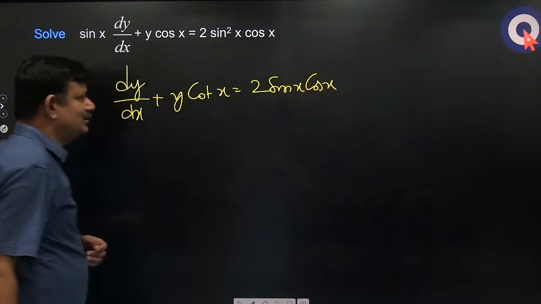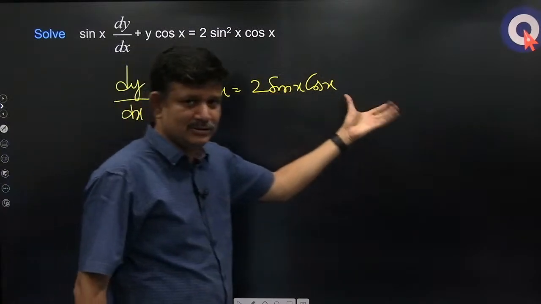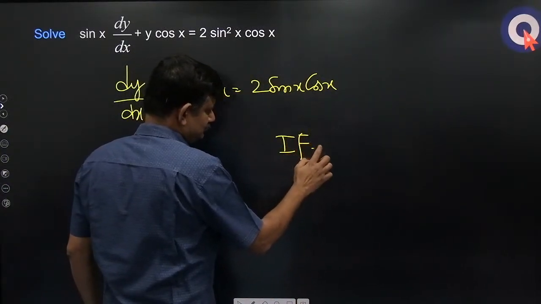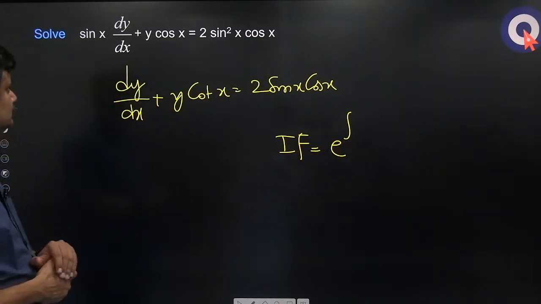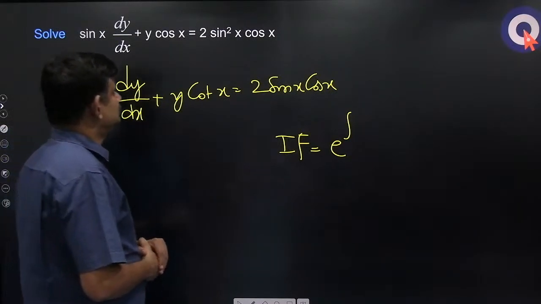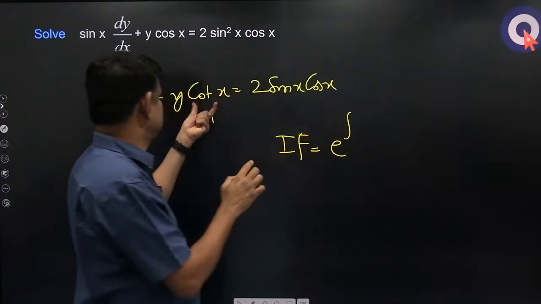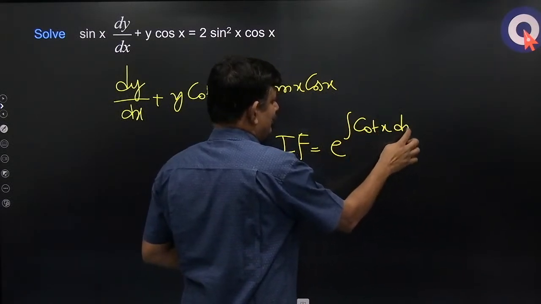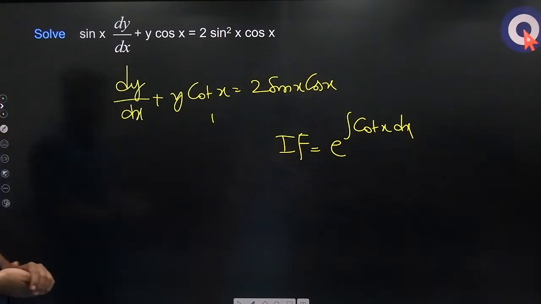This is again in the form of a linear differential equation, dy by dx plus y into cot x is equal to this thing. What will the integration factor be here? e power integral of p, cot x dx. Okay. log mod sin x will come, so sin x is the integration factor.